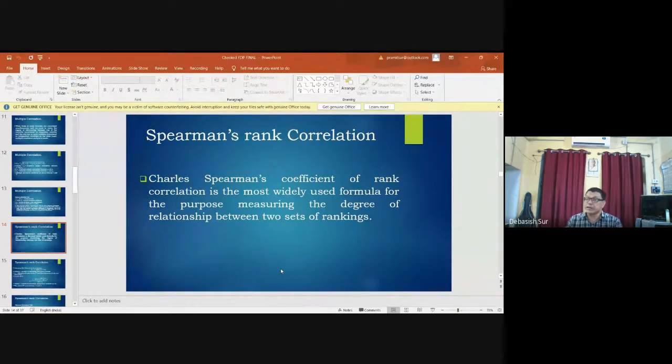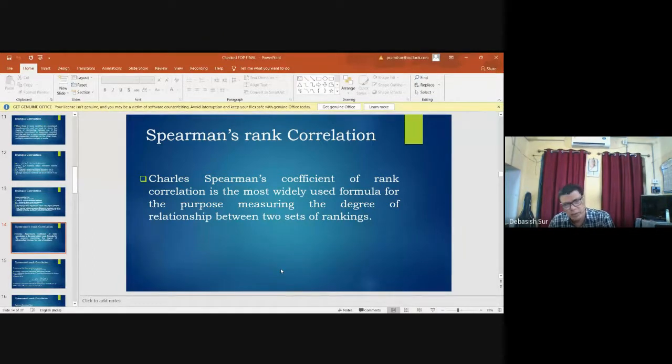But if the data are qualitative in nature, then it is better to apply the Spearman rank correlation coefficient instead of Pearson's simple correlation coefficient.